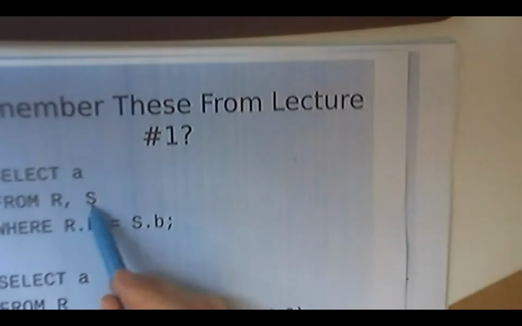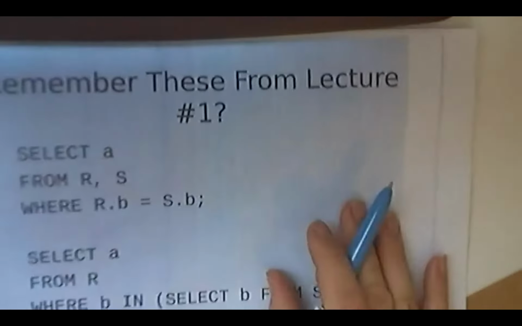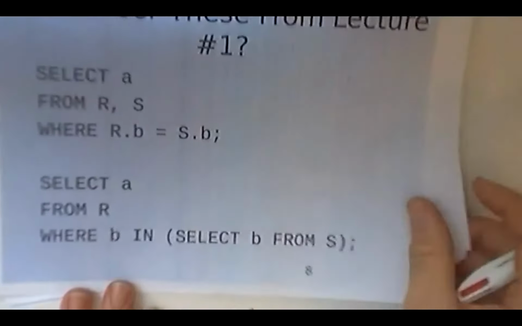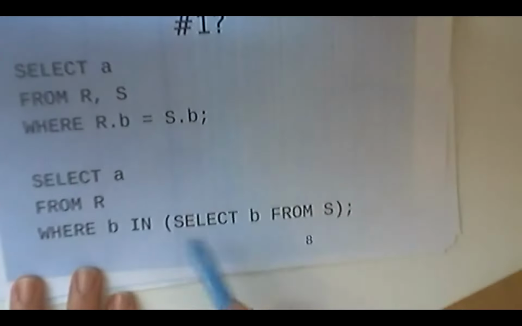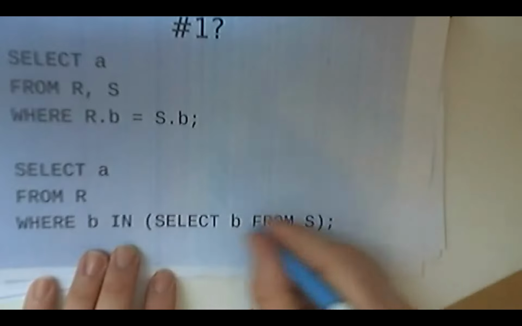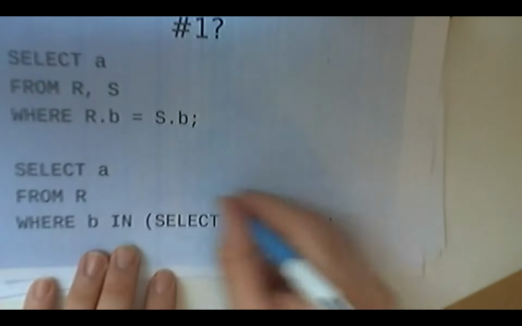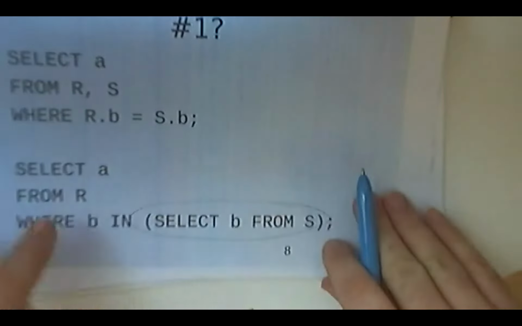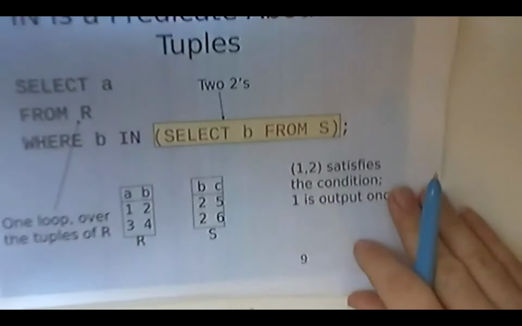This was doing a Cartesian product and then doing equality, whereas this one is actually grabbing B from S and turning it into a set, and then walking each tuple in R. So fewer A's get produced. That's the example going on here.